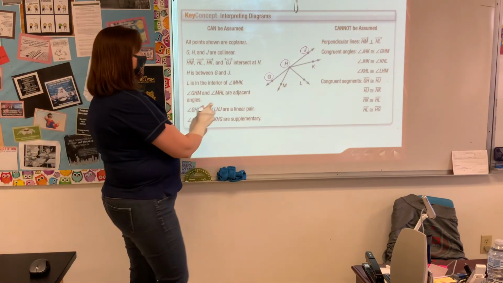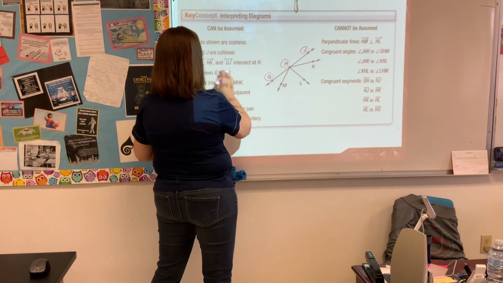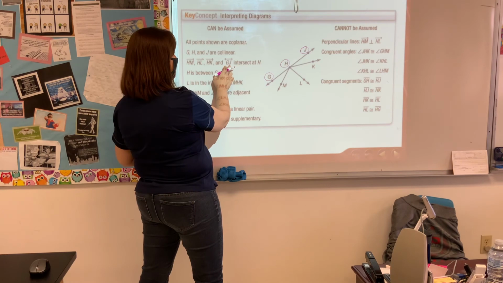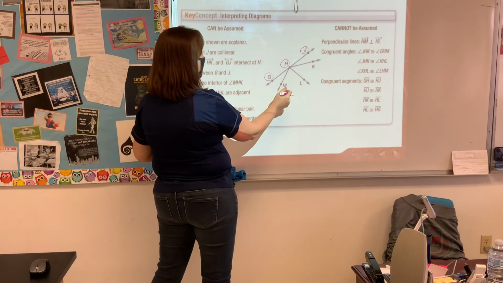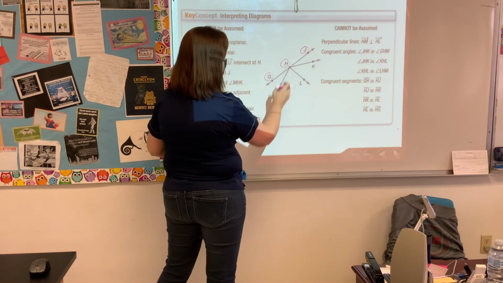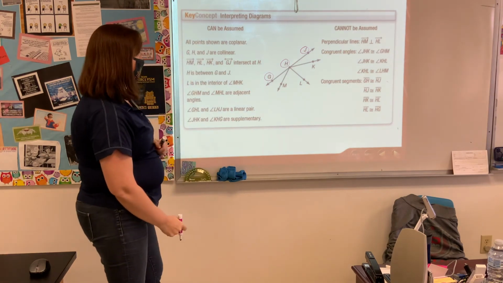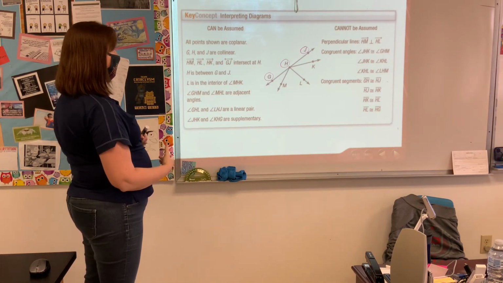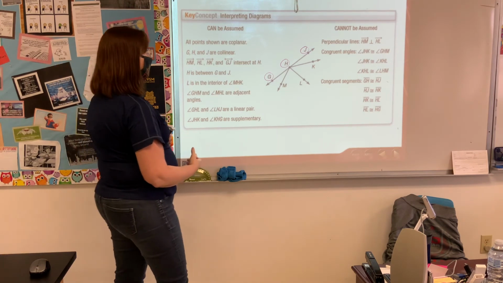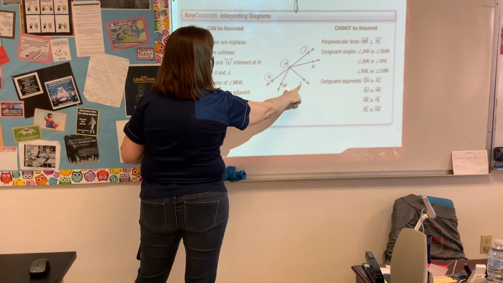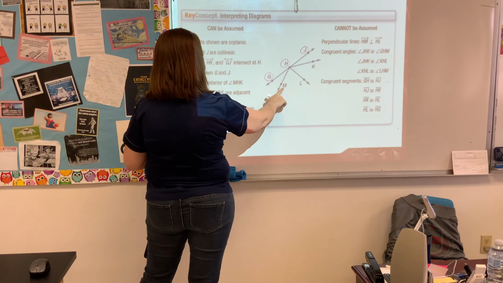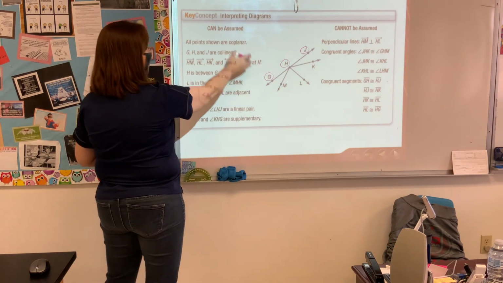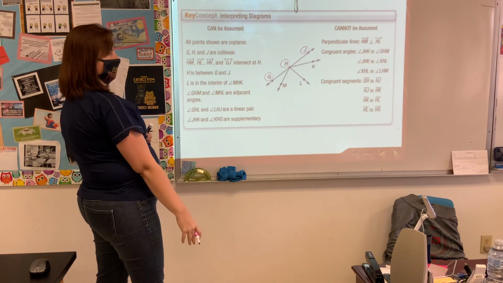We know that these four rays, HM, HL, HK, GJ, all intersect at H. We know that H is between G and J, that L is interior of the angle MHK. Okay? All of this can be assumed.